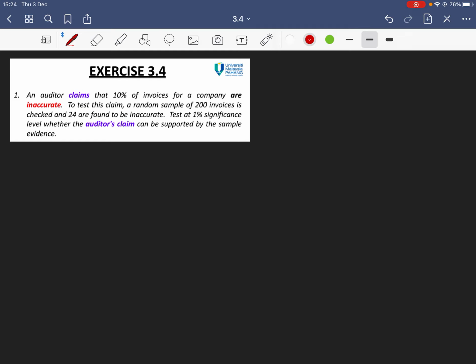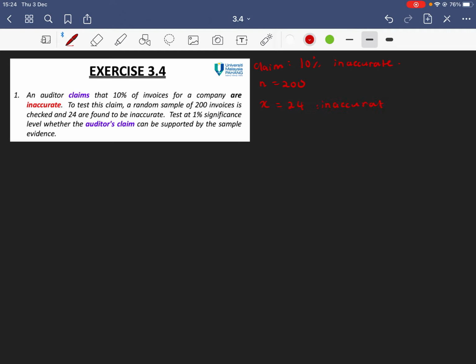An auditor claims that 10% of invoices for a company are inaccurate. So you put claim here. To test this claim, a random sample of 200 invoices is checked and 24 are found to be inaccurate.